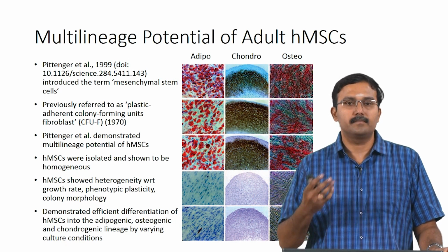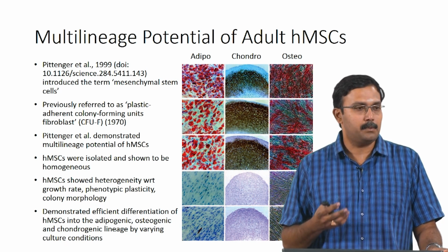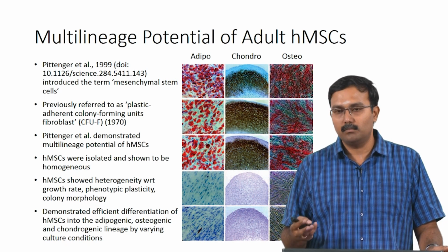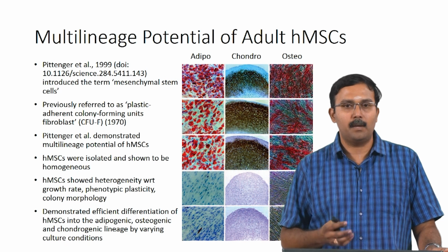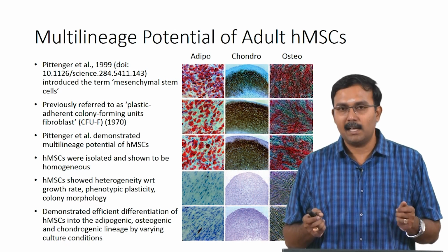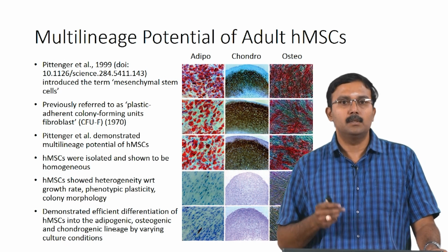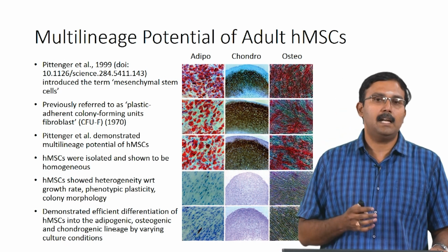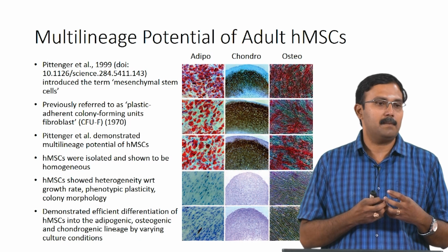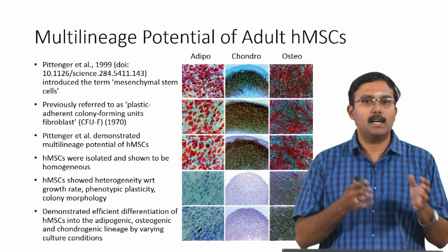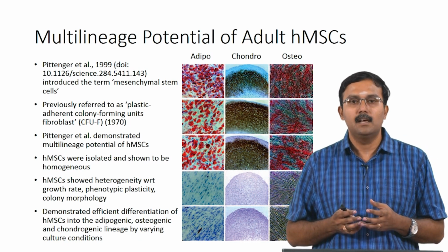These are cells which were previously called plastic adherent colony forming unit fibroblasts. The term mesenchymal was coined in this 1999 paper. Pittenger et al. demonstrated that these human mesenchymal stem cells have a multilineage potential, and they form adipocytes, chondrocytes and osteoblasts.